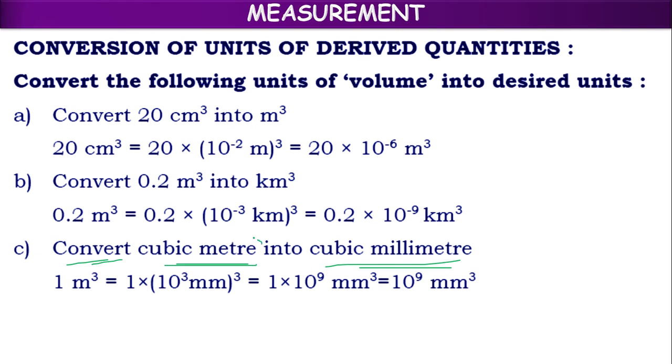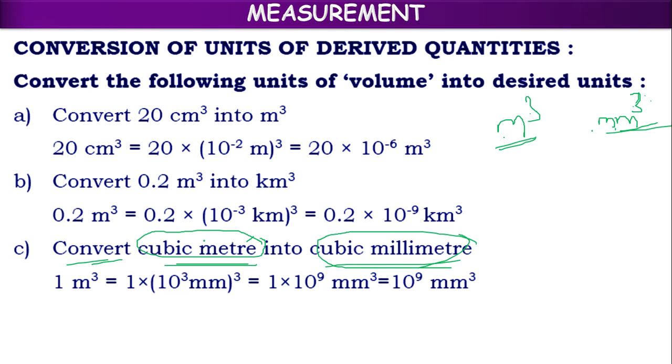Here we have cubic meter, which stands for meter cube, and cubic millimeter, which stands for millimeter cube. So single m cube means cubic meter or meter cube. Double m cube means cubic millimeter or millimeter cube.